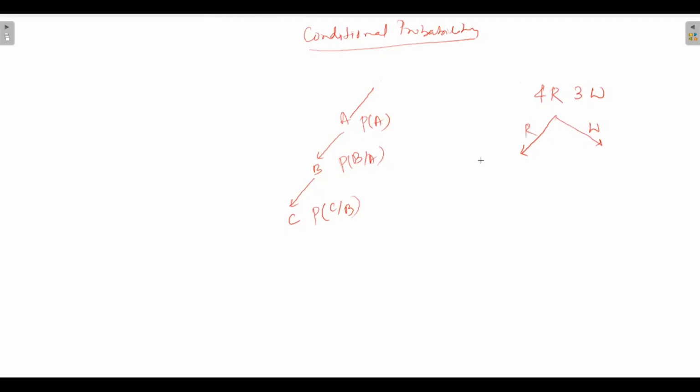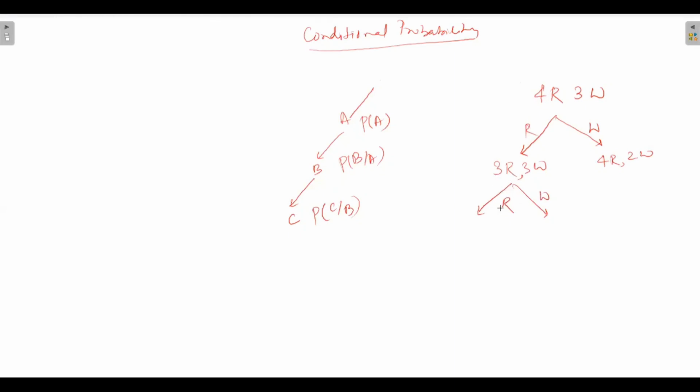If the red is drawn, then red is taken out. So now what I'm left with is three red and three white in this path. What I'm left with here is four red and two white. Okay. Now again a red ball is drawn or a white ball is drawn, not replacing. And then second step, again the same thing.